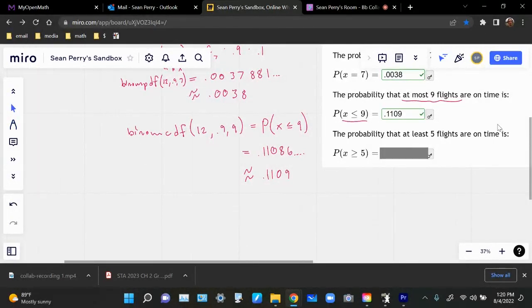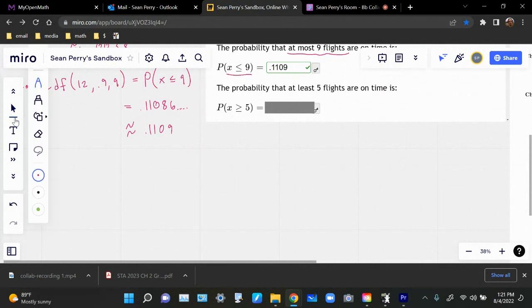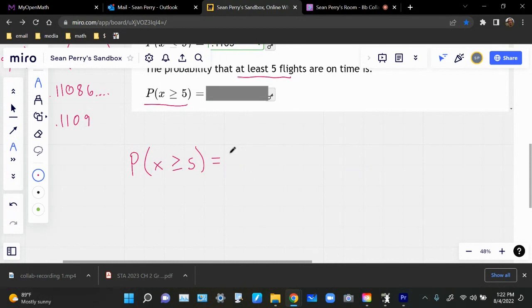There we go. Now for this last one, we're talking about at least 5 flights, and this is greater than or equal to 5. What we can use here is the complement rule of probability to rewrite this using a cumulative distribution function. So notice that we can rewrite this as 1 minus the probability of not this happening. So what happens when I negate this?